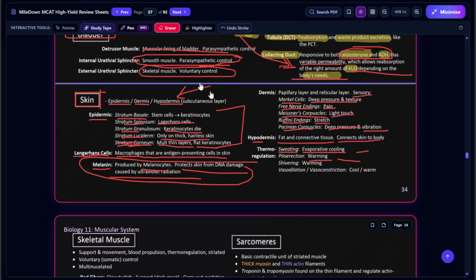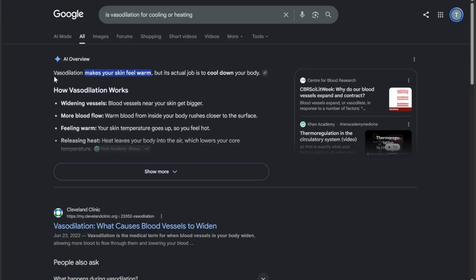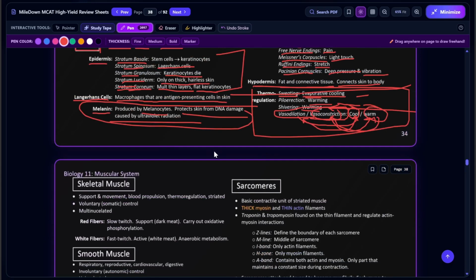Shivering is another way to warm your body, because in the winter when you're really cold, that movement of your muscles is creating heat. Vasodilation and vasoconstriction: vasodilation makes your skin feel warm, but its actual job is to cool down your body, whereas vasoconstriction is to make your body warmer. So these are ways that your body thermoregulates its temperature.